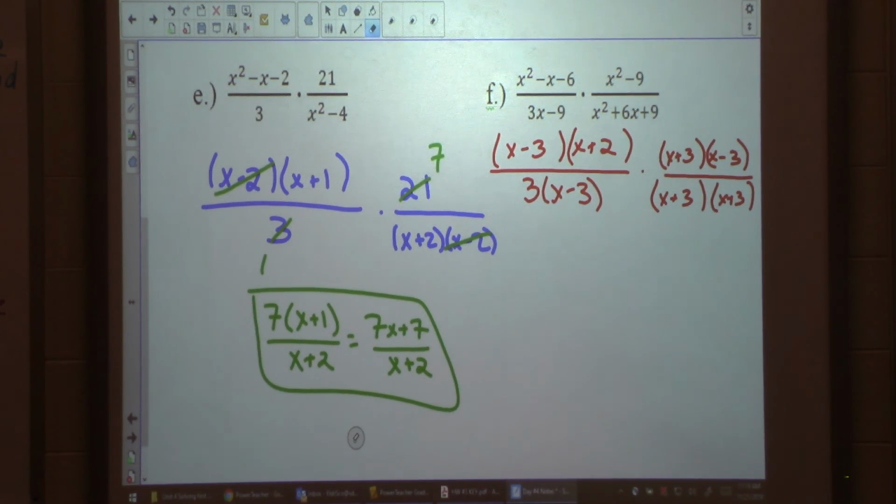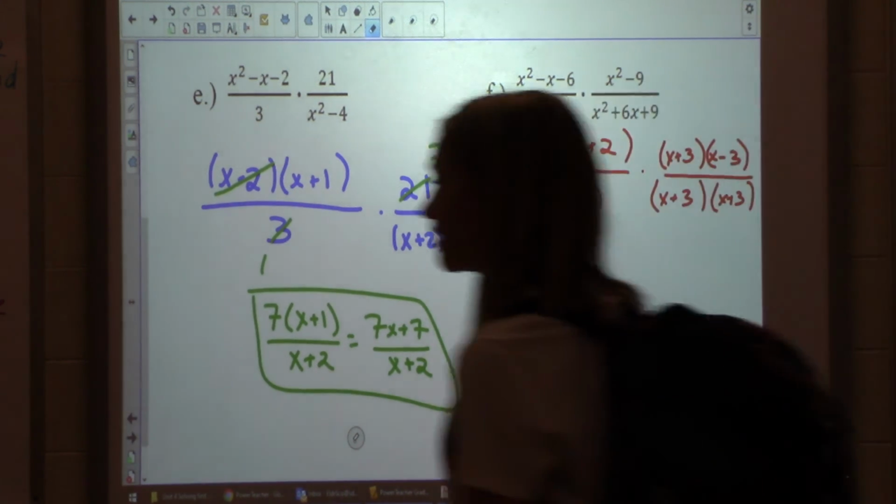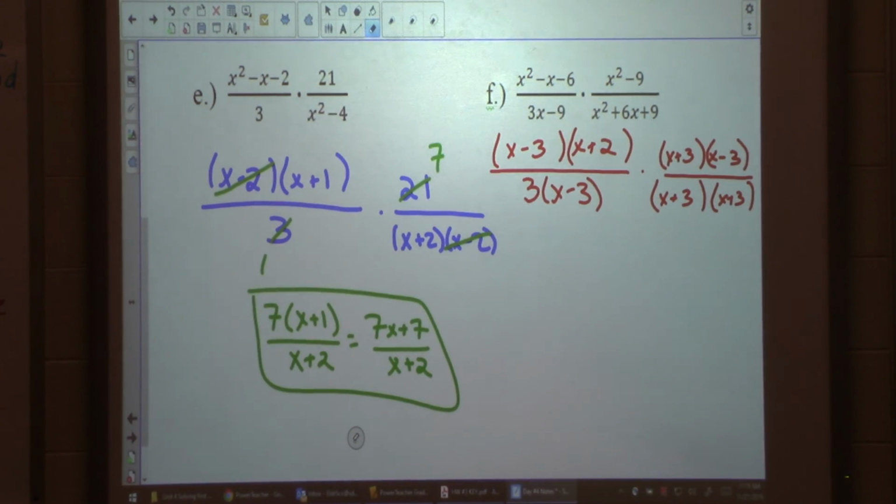Is there going to be two answers? You have to foil on the top, right? I got x plus 2 over 3 and x minus 3 over x plus 3. Yeah, x plus 2 over 3, x minus 3, and then x plus 3. We're supposed to foil on top.